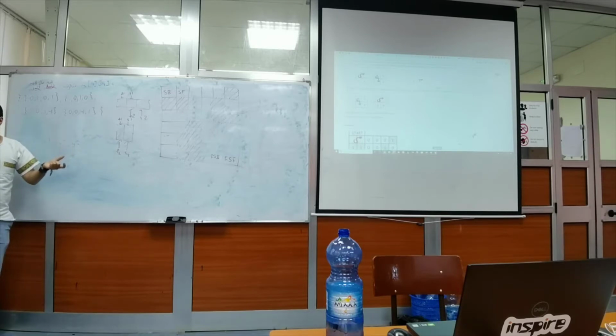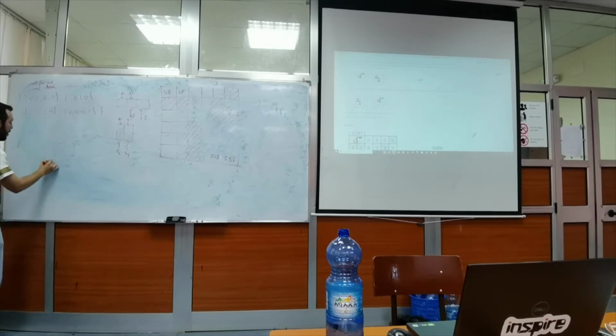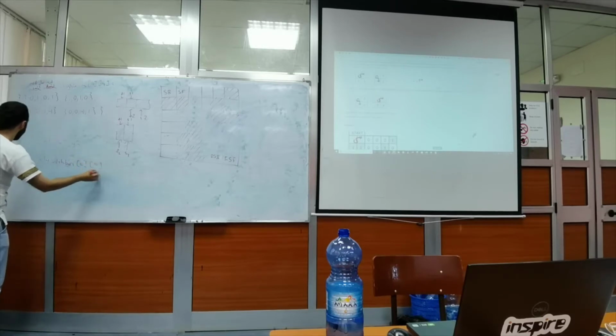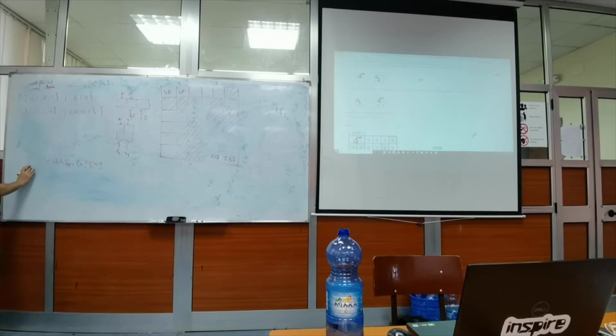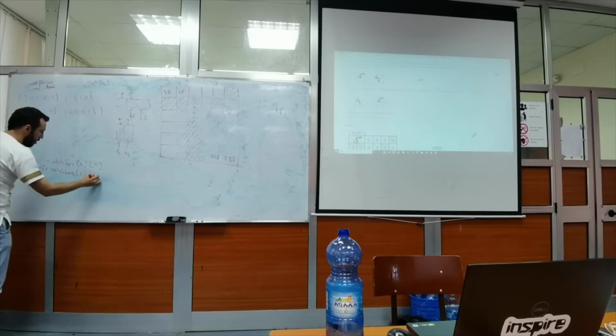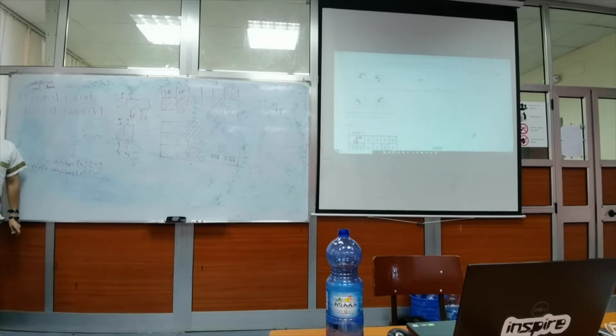Just adding the members will take me into a neighbor. So in the implementation, we are going to say nx1 is equal to x1 plus neighbors[0][0], and then ny1 is equal to y1 plus neighbors[0][1], and so on. Did you get it? Yeah.